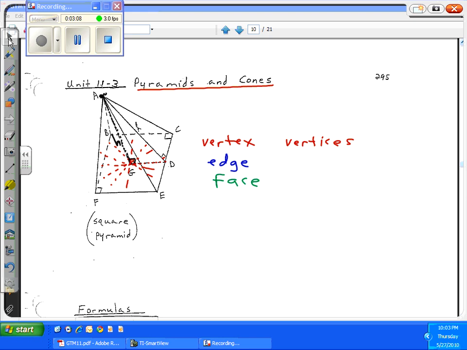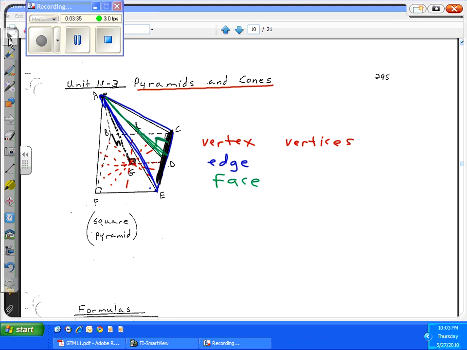But when we are dealing with a pyramid, we have triangular sides. And when we're finding the area of sides, we're going to be finding the area of those triangles. The formula for a triangle is 1/2 base times height. The height of that triangle goes down a side.